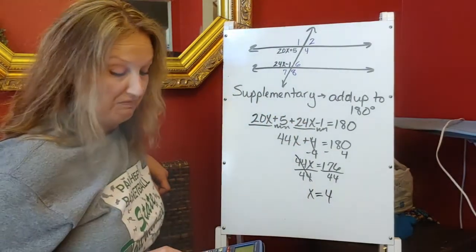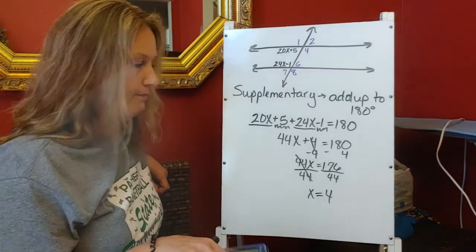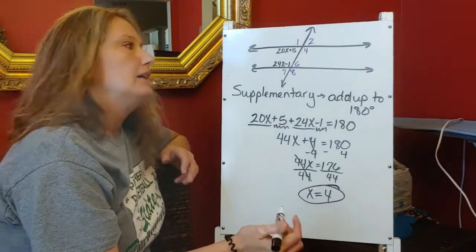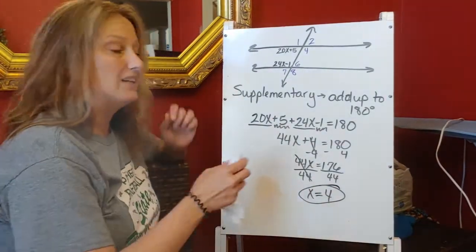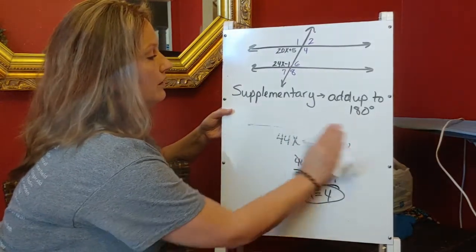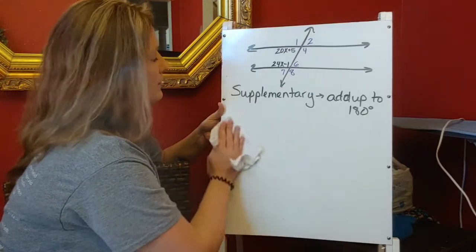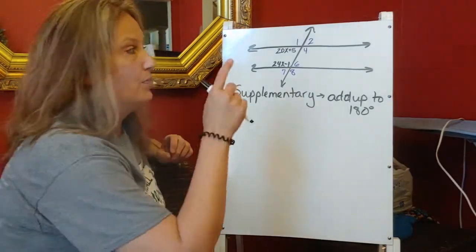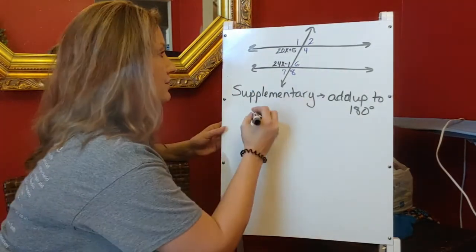I'm going to double check. 176 divided by 44. Yep, 4 times. Okay, so x is 4. Now whenever I sub this back in up here, I'm actually going to have to sub it in for both expressions. Since they aren't congruent, they're going to be 2 separate measures. So I'm going to have to do this both times. This isn't just a check. I actually have to do that.